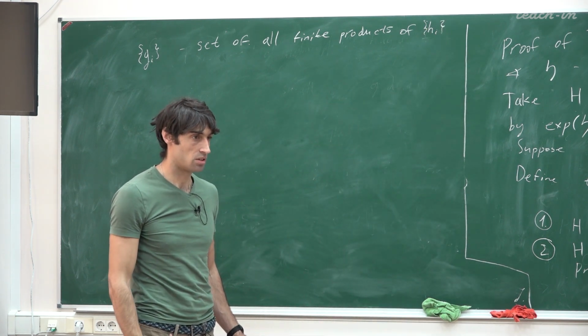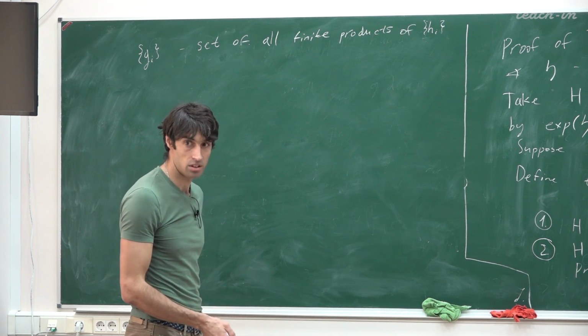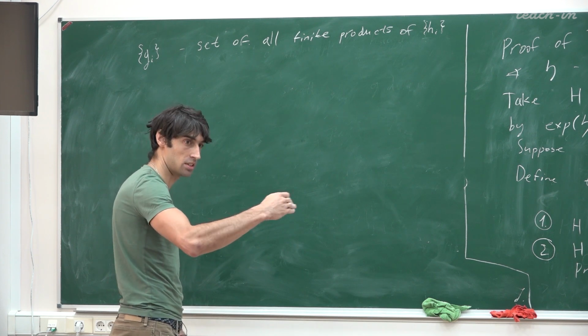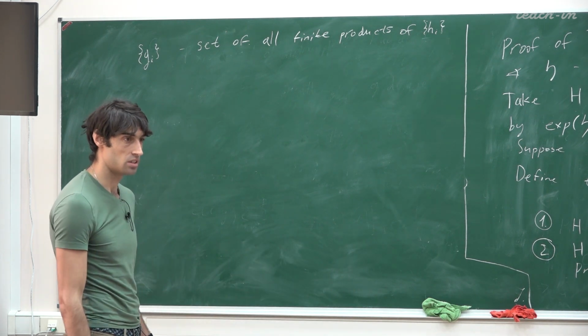So this set, if you think a little bit, is also countable, right? You just need to fix the length first, and then all words with this length, and so this will be a product of two countable sets.